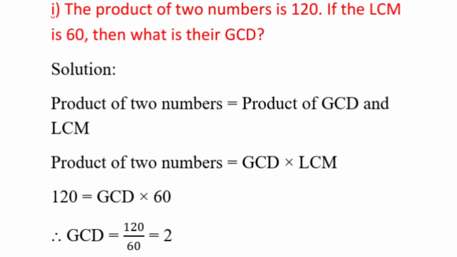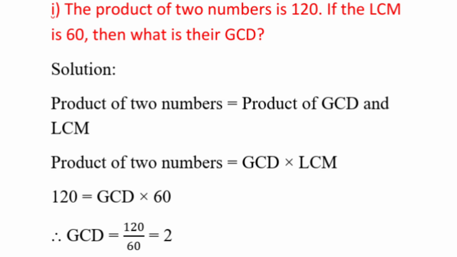The next question is question number 6. Solve the following. The first one, the product of two numbers is 120 and if LCM is 60, then what is their GCD? So we know the formula, product of two numbers is equal to product of GCD and LCM. Now we will put the values.